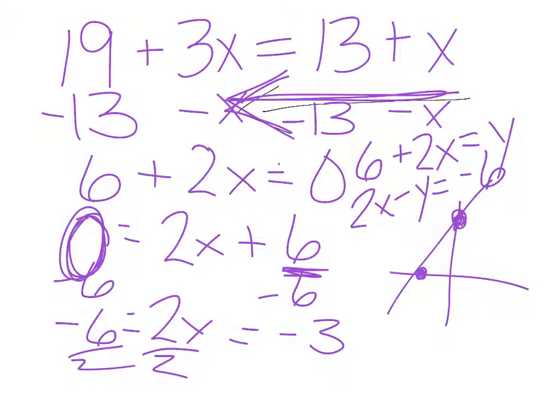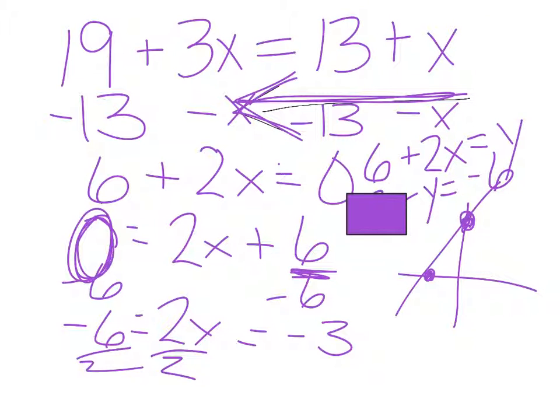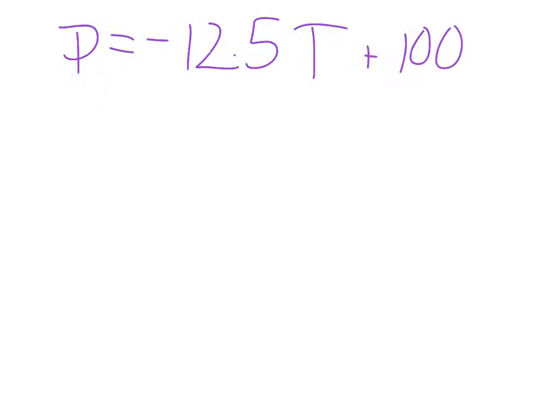And now if I cover up, nope, let's try it again. If I cover up that, so negative y is negative 6, that means y is 6. And if I cover up this, I should get that thing that we had before, 2x equals negative 6, x equals negative 3. So all works the same.